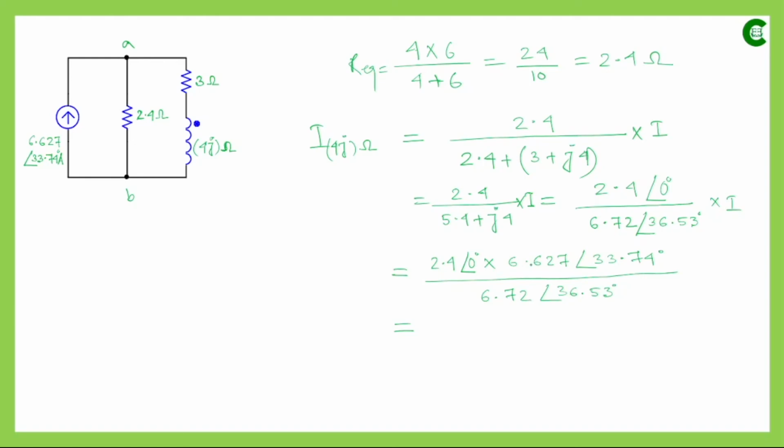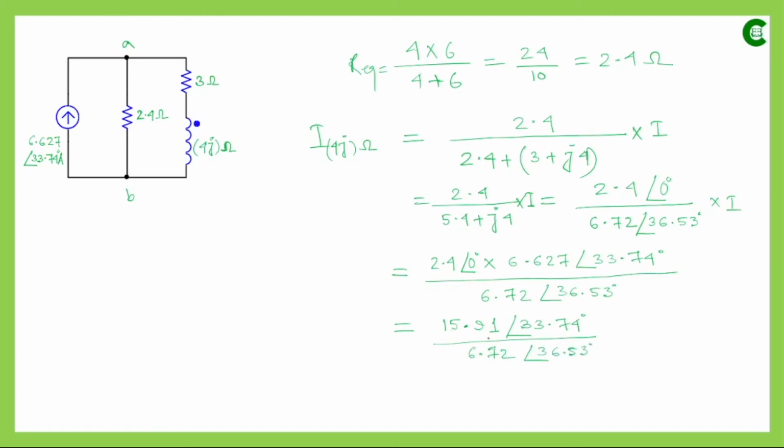If we multiply them, this r and this r will be multiplied, and their r value will be 15.91, and their angle values will be added. Since this is 0 degree, so simply it will be 33.74 degree. It can be added easily, divided by 6.72.